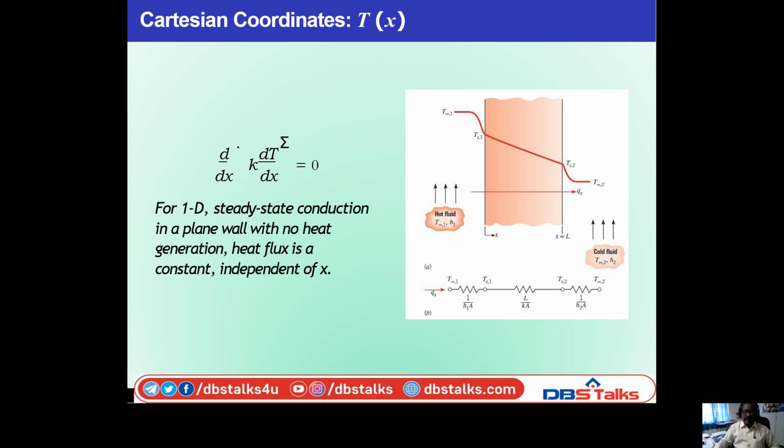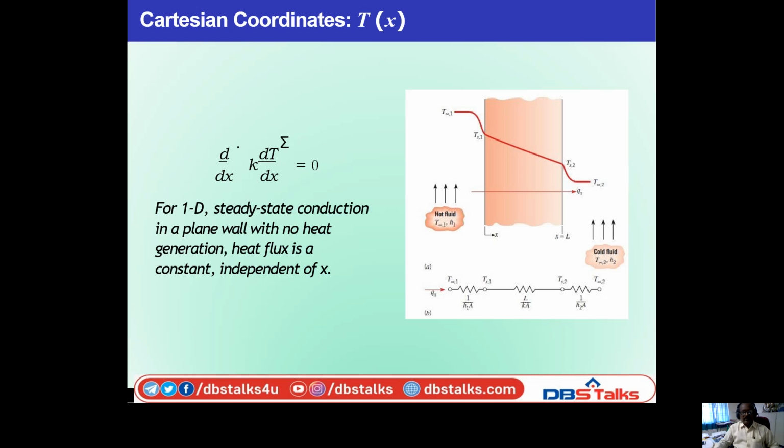This heat transfer we are representing in an electrical circuit diagram. Here the hot fluid temperature is T1 infinity, the hot side surface temperature is TS1, this is TS2, and T2 infinity is the cold side.